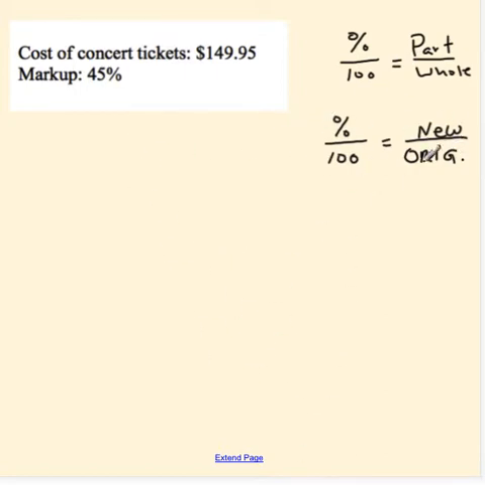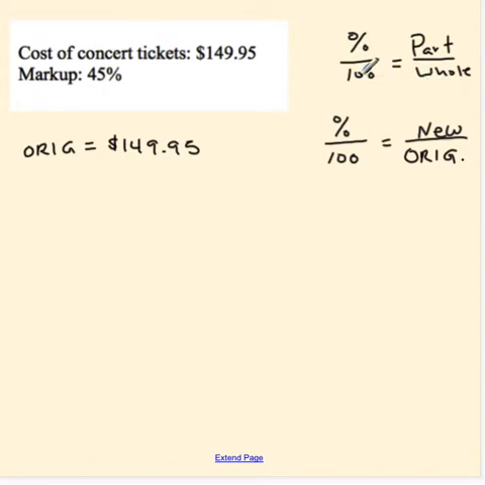So let's take a look at how we're going to use it. The cost of concert tickets is $149.95. So this is the original cost, $149.95. Okay. Now I'm going to mark it up 45%. Well, what's the original percent here?